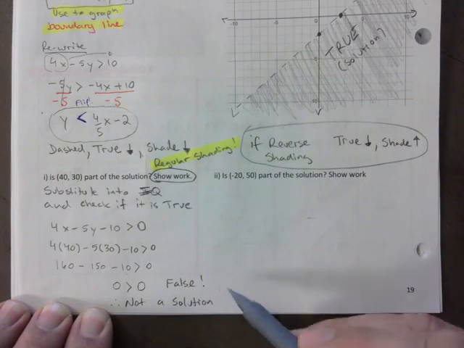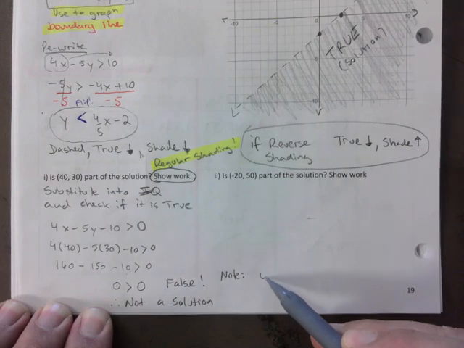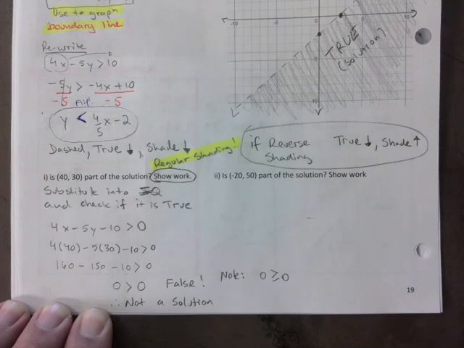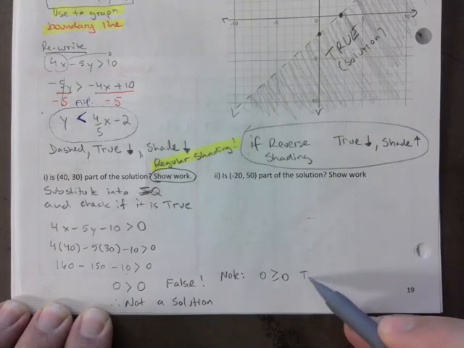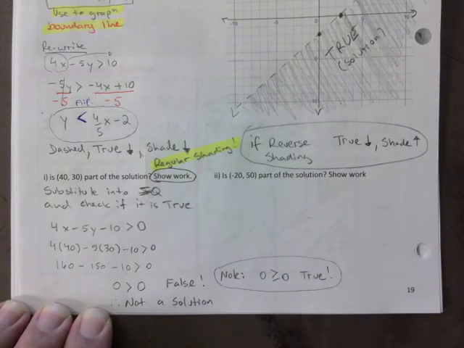Maybe I'll make a note here. Note, is 0 greater than or equal to 0? There you could say it's true, because it's asking, is it greater than or is it equal to? When you have this, this is true. This is just a side note.